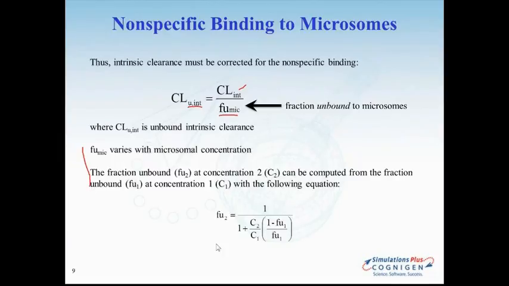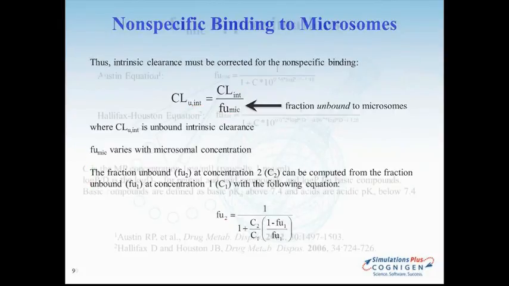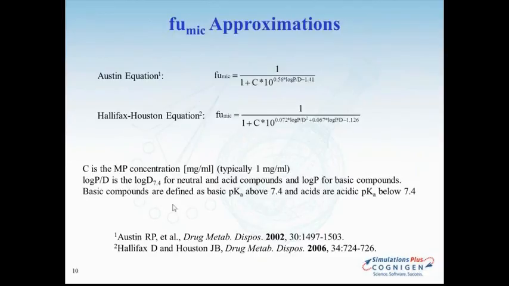FUmic also varies with microsomal concentration, and you can use this equation to calculate the fraction unbound at concentration 2 based on the fraction unbound at concentration 1. So you can standardize the fraction unbound.